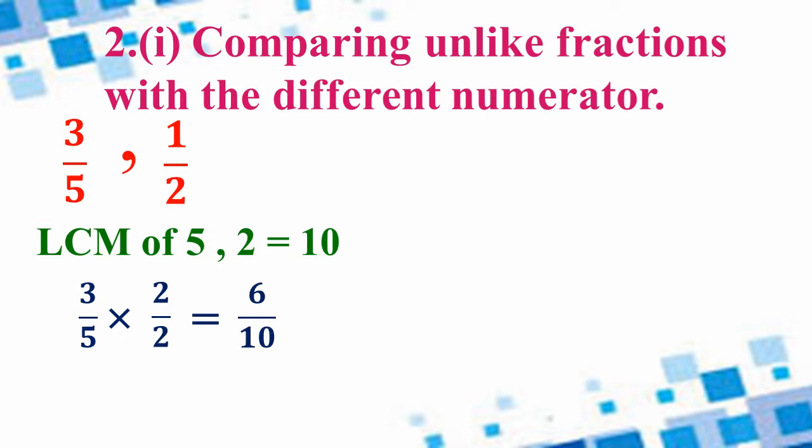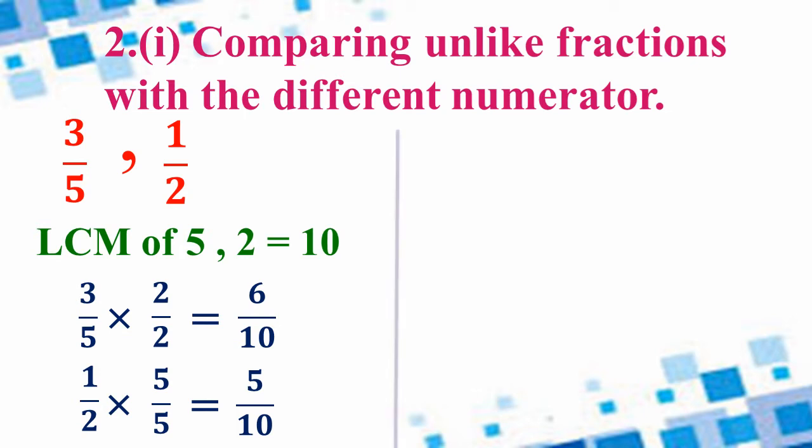Also multiply both the numerator and denominator of the fraction 1 by 2 with 5. So 1 into 5 equal to 5, 2 into 5 equal to 10. So that is 5 by 10. Now 6 by 10 and 5 by 10 are like fractions.